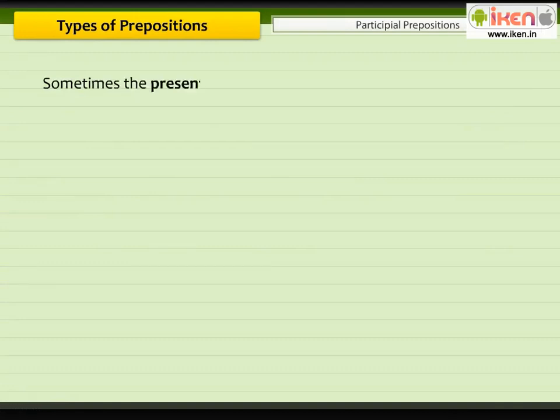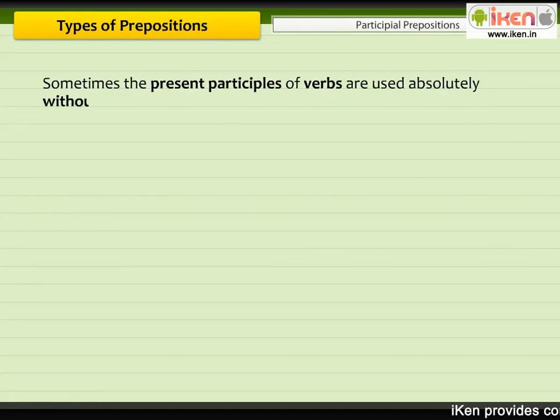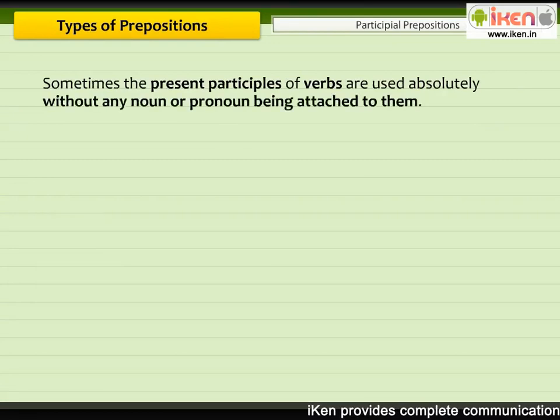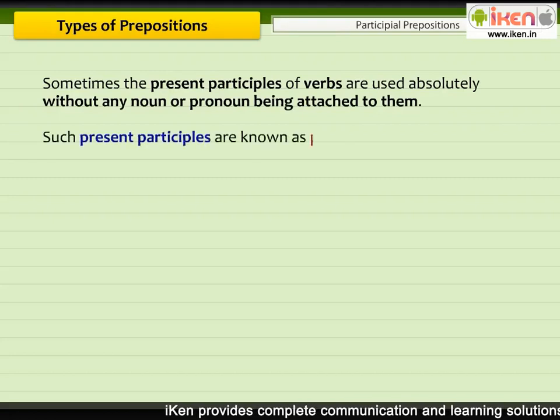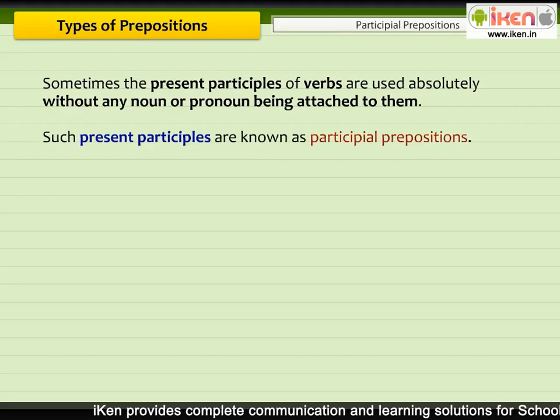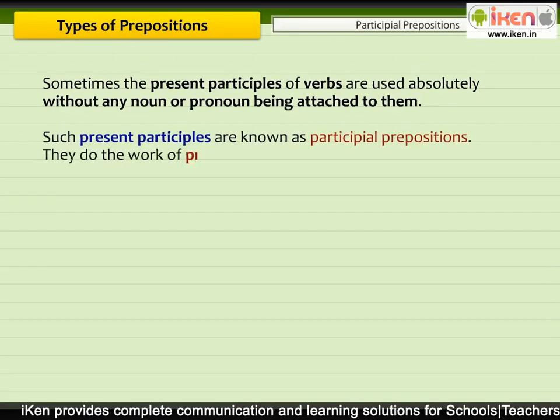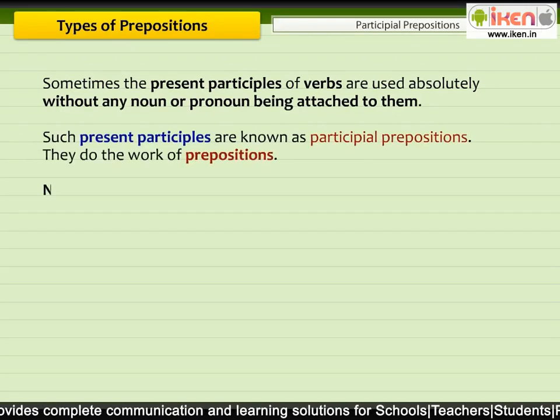Sometimes the present participles of verbs are used absolutely without any noun or pronoun being attached to them. Such present participles are known as participial prepositions. They do the work of prepositions.